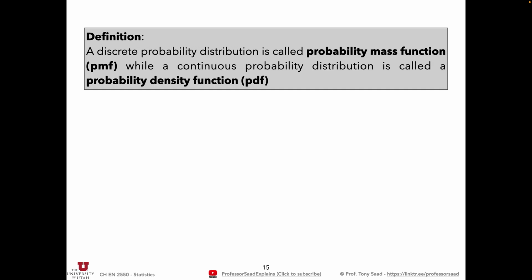You'll understand why we call it a mass function when we hit continuous distributions, so you have to bear with me, but for now, accept that it's called a probability mass function, while a continuous distribution is called a probability density function. We'll understand the difference once we hit the PDFs. So PMF for discrete, PDF for continuous. This week we're dealing with PMFs.